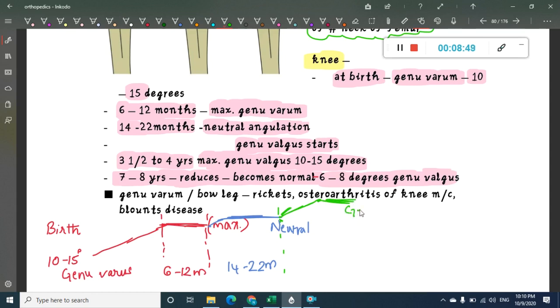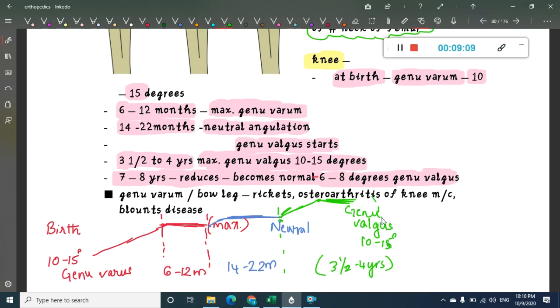This is genu valgus, which is maximum, that is 10 to 15 degrees, present at 3.5 to 4 years.